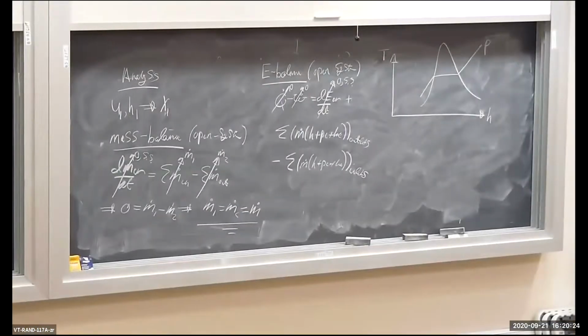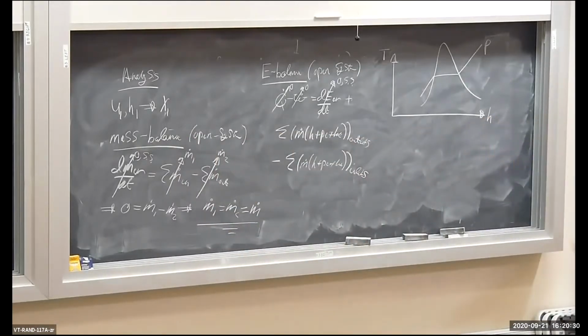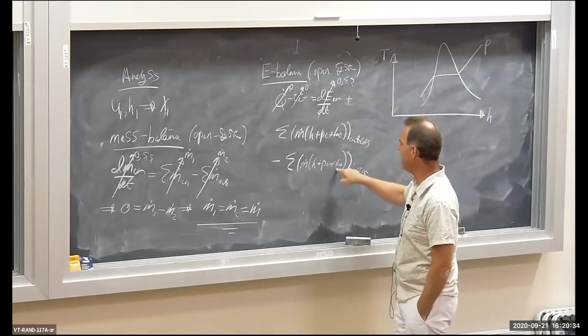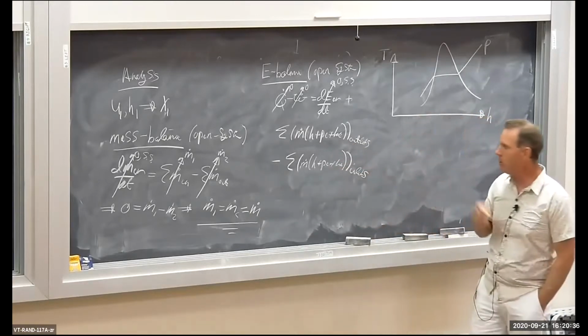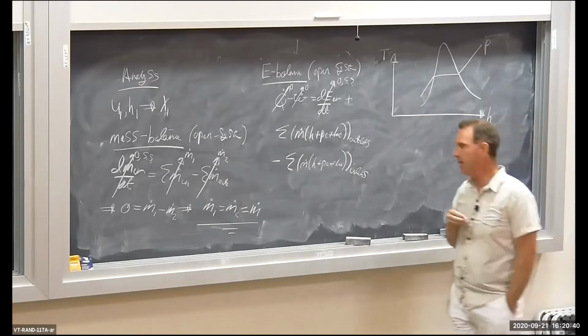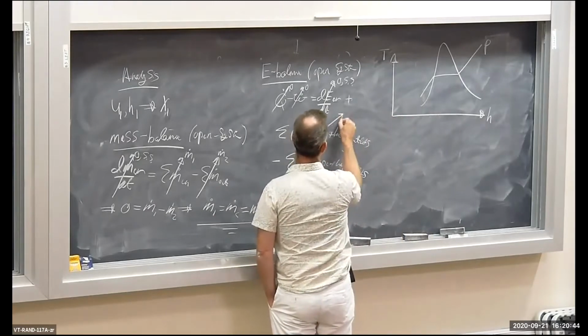What other terms can we look at? What else can we maybe get rid of in the energy balance? What about these specific kinetic and potential energy terms at the inlet? Okay, so we need to work on these mass flow terms. Well, let's work on the outlet term.